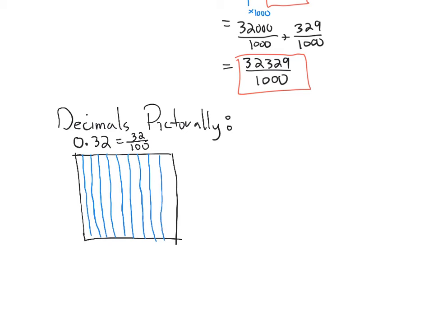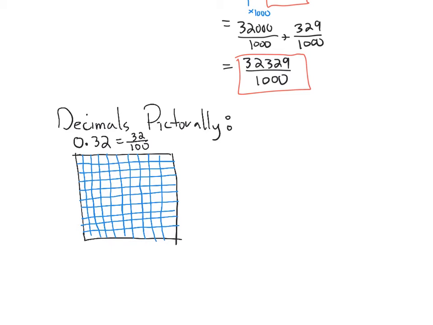So there's 10 pieces vertically, and let's do 10 pieces horizontally. 1, 2, 3, 4, 5, 6, 7, 8, 9, 10. And we'll just imagine that they're equal.